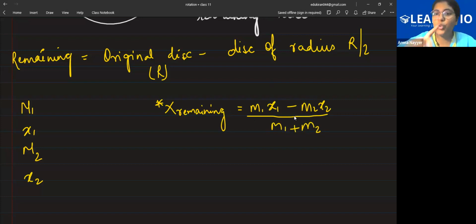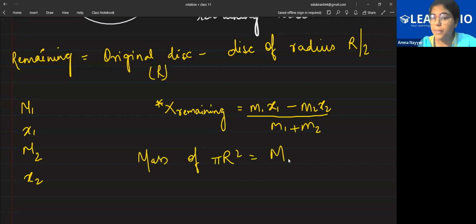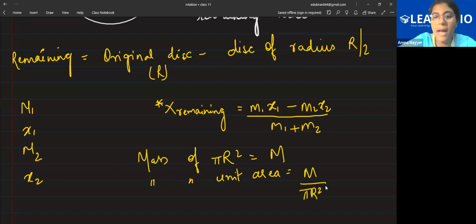Now the problem is that you know the mass of the complete disk, that is capital M. So how to find out the mass of the disk with radius r by 2? That's the question. Capital R square. This is capital M. So mass of unit area will be M by pi r square.